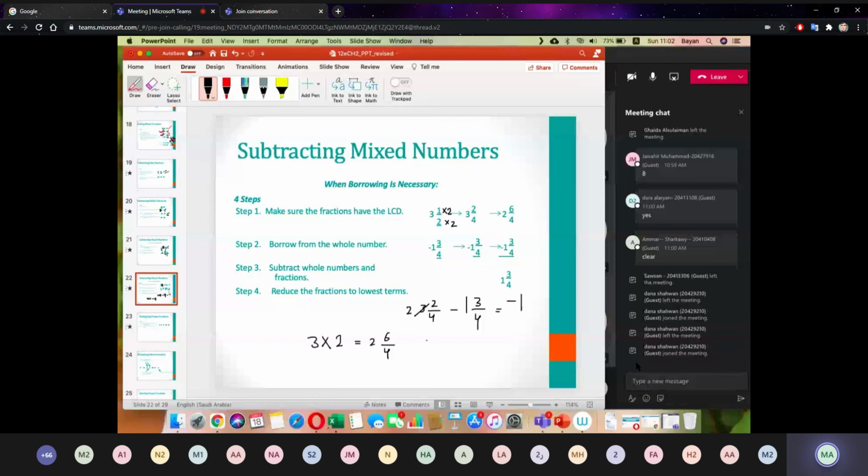So we'll have here 2 with 6 over 4 minus 1 with 3 over 4 equal what? 6 minus 3 will give you 3. And you have the same denominator 4. 2 minus 1 we will have 1. Clear?